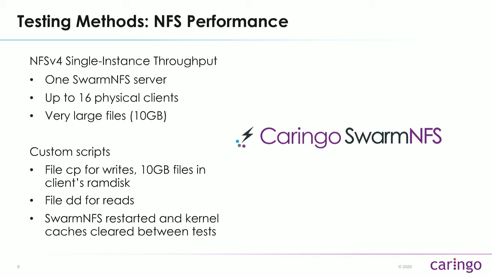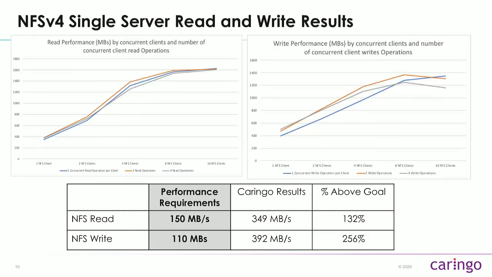What we had in this test environment was a single instance of Swarm NFS with up to 16 clients using 10 gigabyte files. And the way that we tested is that we essentially restarted Swarm NFS and cleaned the cache on the kernel every time that we ran a different test, right? So that was the methodology that we used to test with the NFS. And these were the results.